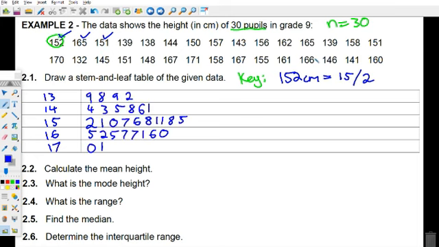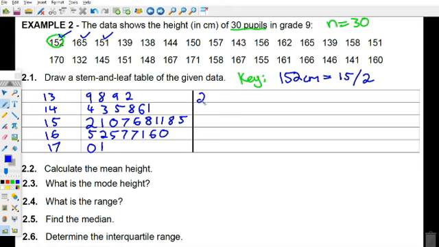All right, so now that we've split our data into our stem and leaf, what's the next thing we have to do? We have to check it and we have to convert it how? Ascending order, yes. Okay, so we need to put our data into ascending order.